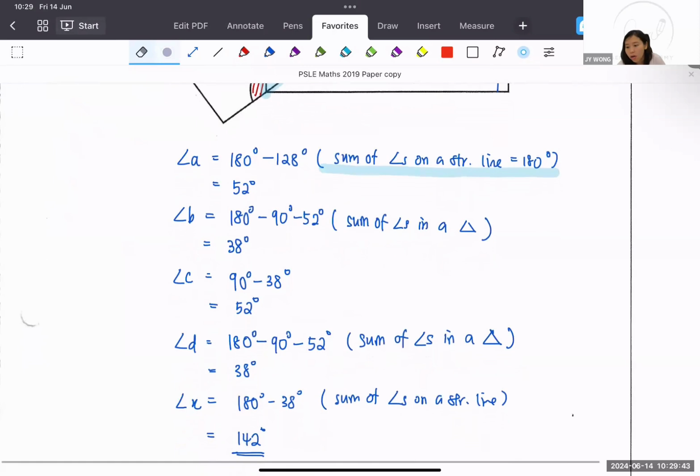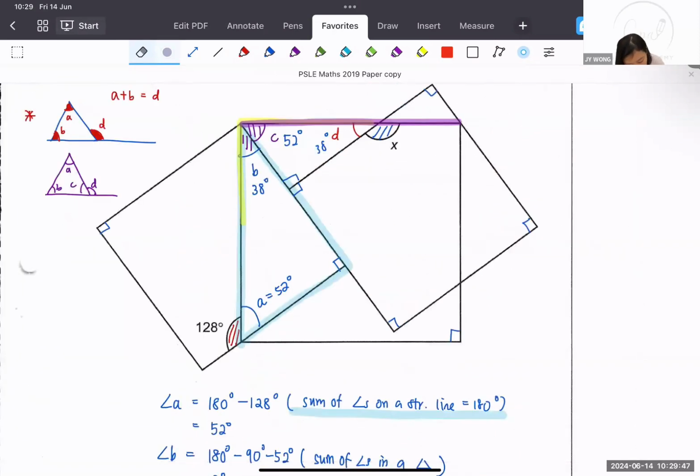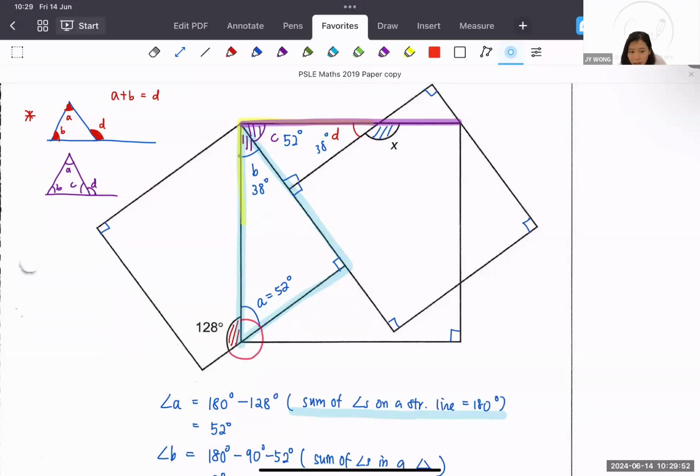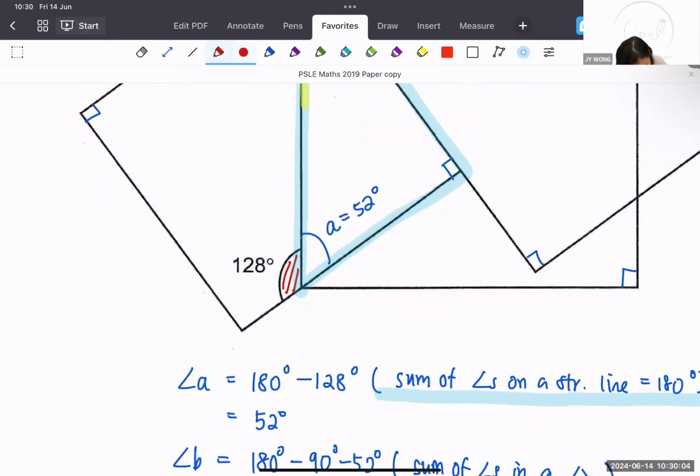Okay, for Michaela, you mentioned that this part here, you take 270 minus 128. So 270 comes from here. Okay, I explain this part. So 270 is 3 right angles.